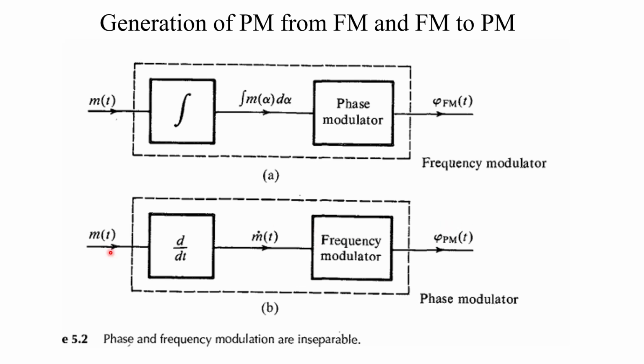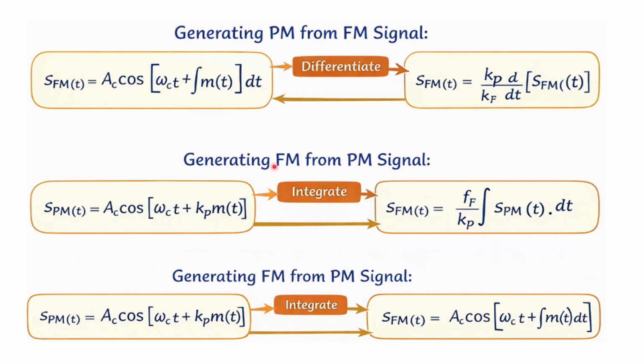So this thing you can remember. Finally, this is the conclusion: how can we generate PM from FM and FM from PM. This is your FM signal: here you can see omega ct plus the integration of mt. In this manner, with the integration, your carrier wave frequency will vary, right?